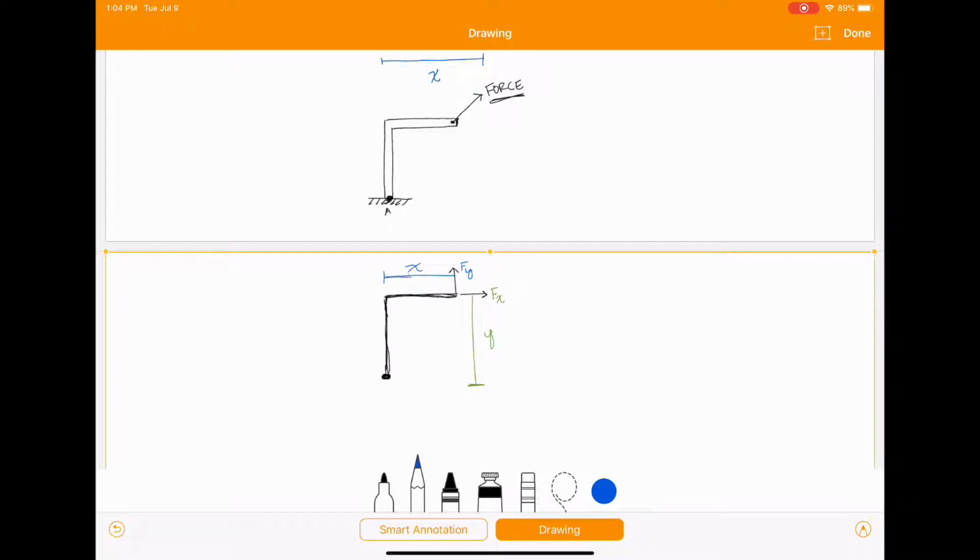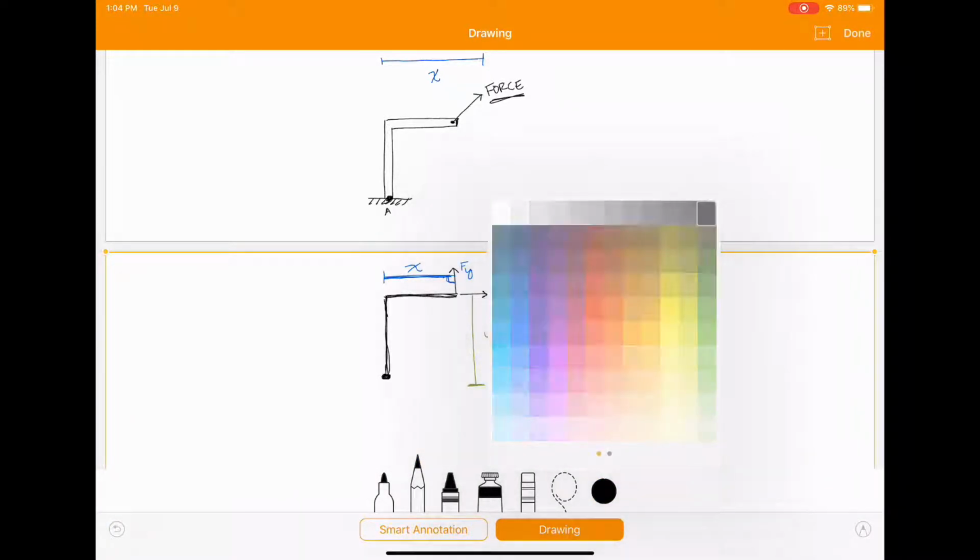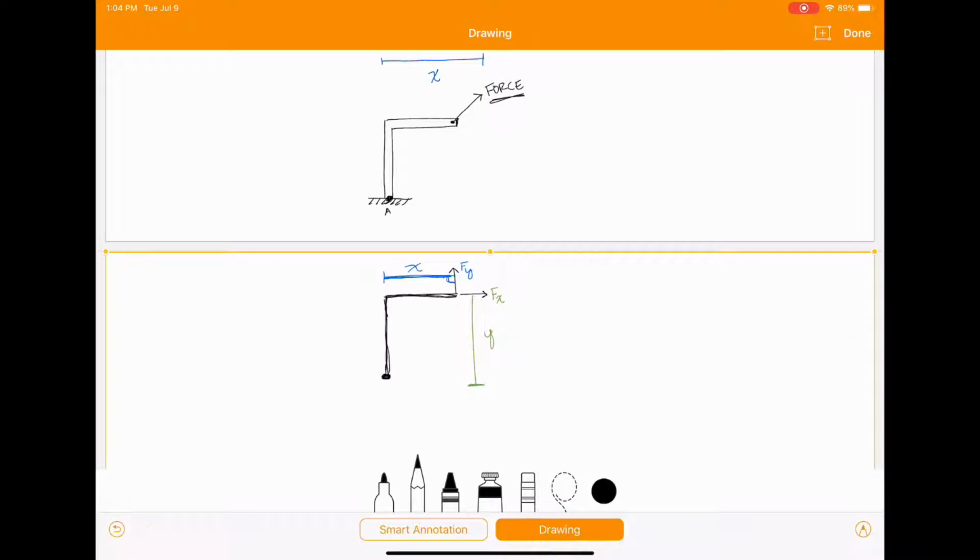So this is the perpendicular distance for that y force. See how it makes a 90-degree angle here? And for that x force, it's going to be the y distance. See how it makes a 90-degree angle there.